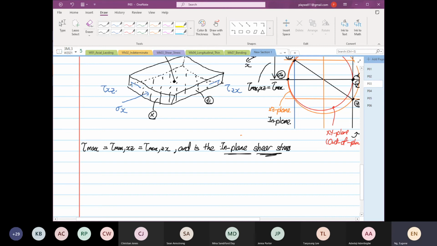Okay, is the in-plane, right? Not the other one. So now we know what to calculate, right?